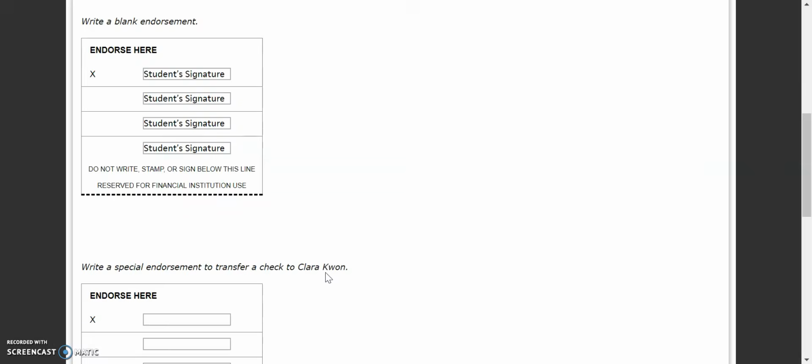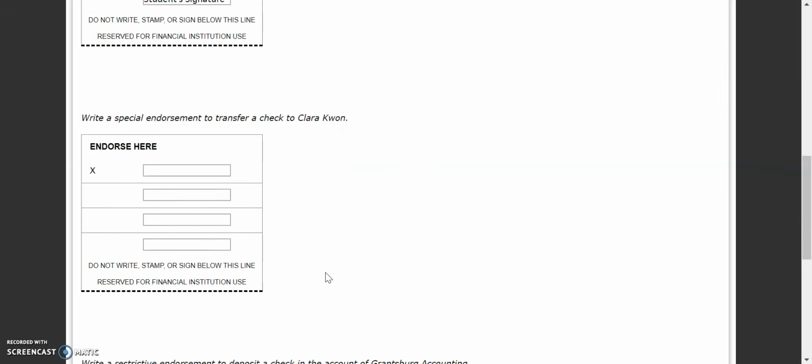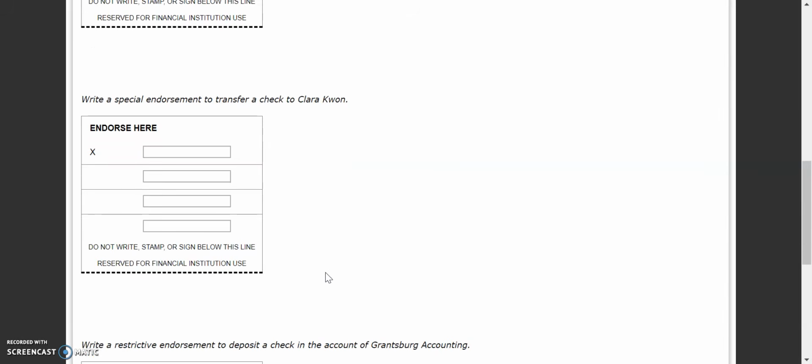All right, on to our second one, which is a special endorsement. Remember that a special endorsement is where we transfer the ownership to a new owner of the check. So on the first line, we write the words pay to the order of, and then whoever is getting the check transferred to them, which in our instructions is Clara Kwan.